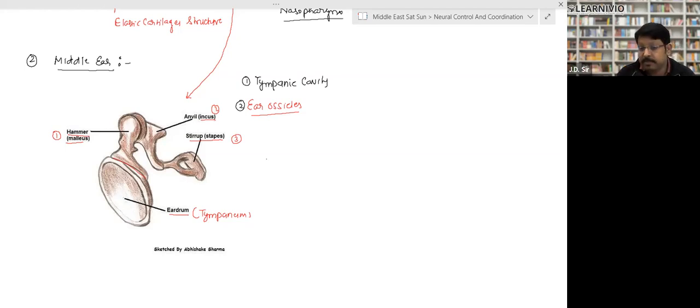In the same line, it may be noted down that the frequency of sound does not change. Middle ear clear?